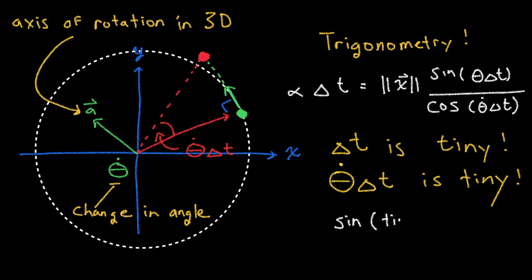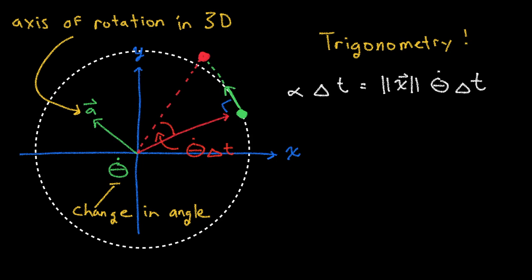And we can exploit the identities that the sine of a tiny number is just the tiny number itself, and the cosine of a tiny number is equal to 1. Substituting this all back into our approximation shows us that alpha delta t is really equal to the magnitude of our position vector x times theta dot times delta t.